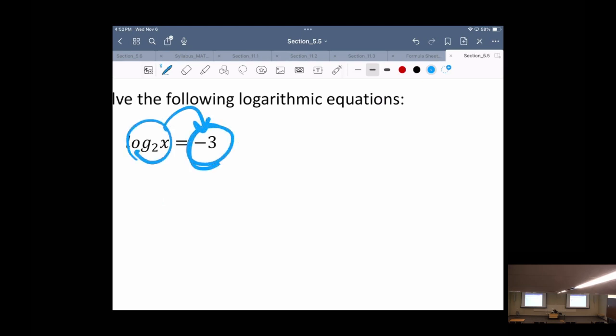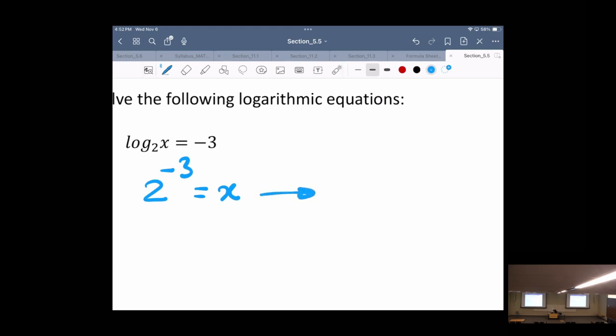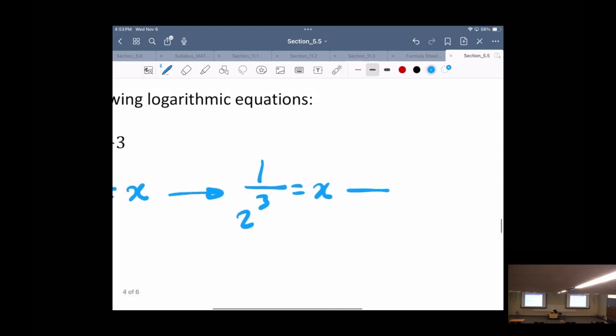So we already know -3 is an exponent to base 2. So we can say 2 to that exponent is equal to x. And we're almost done. 2 to the -3 power is going to be 1 over 2 cubed, so x equals 1 over 8. We can quickly solve that.